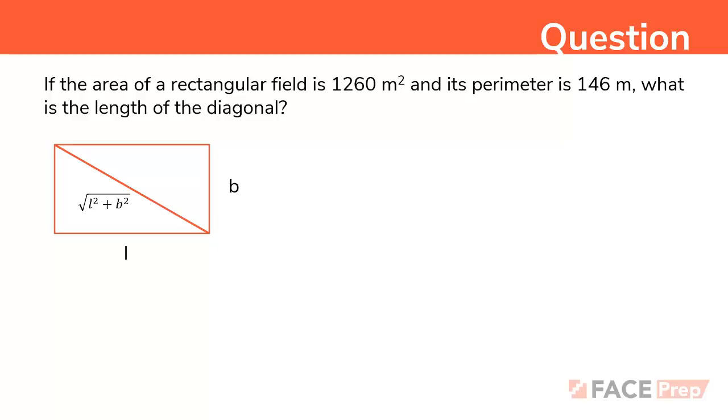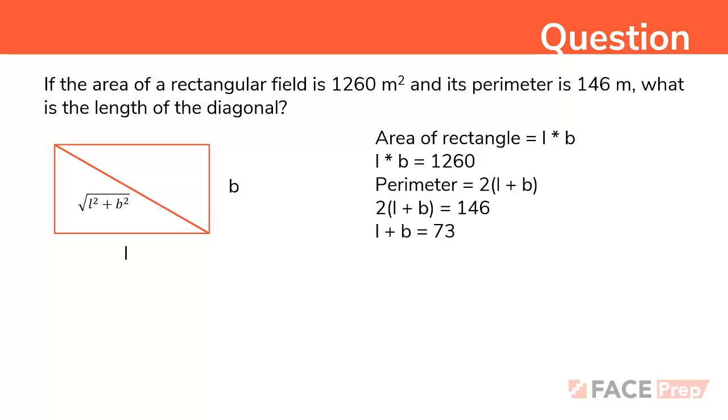If you apply the things given in the question, you will find it out. Area of rectangle will be L into B. So L into B is 1260. Perimeter: you have four sides, and out of that, two are equal.